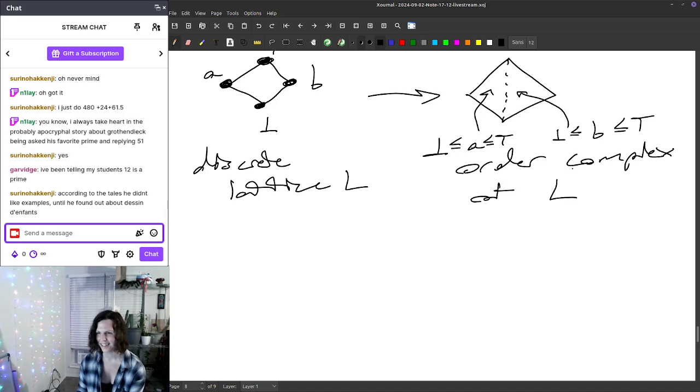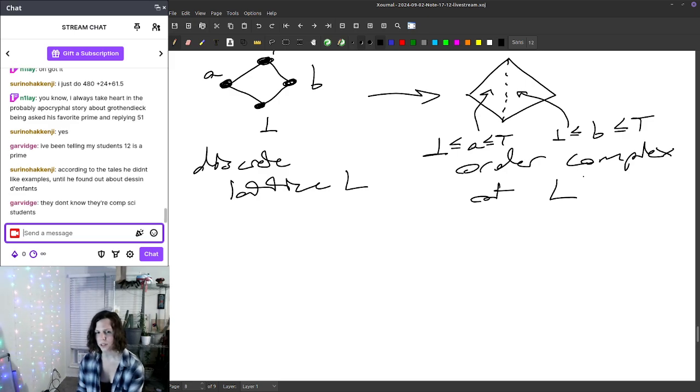Well, examples are really important for sure. Oh, that's really bad. Yeah, just because someone's studying software engineering doesn't mean that people who are studying software engineering shouldn't know that 12 is composite. They should still know that.